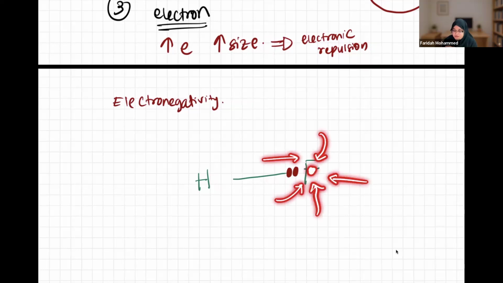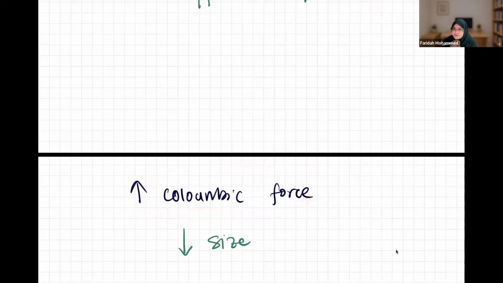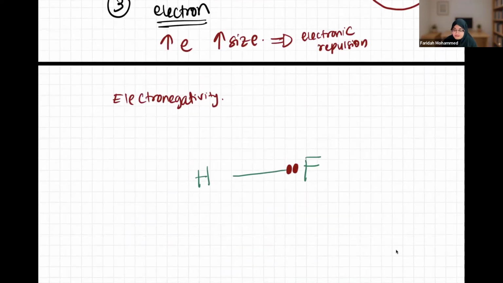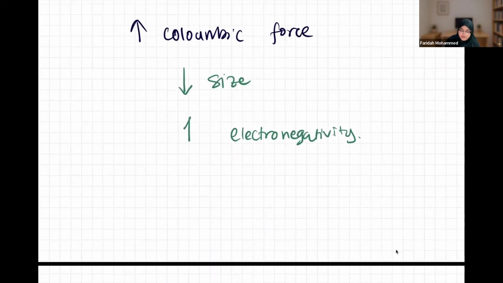That means the ability for it to attract electron will be higher. Do you see it? Electronegativity means they want to attract others' electron. And if the nucleus has more Coulombic force, there will be more attraction. Okay, makes sense? Anyone still kind of fuzzy on this? No? Okay. Now, so electronegativity would go up.